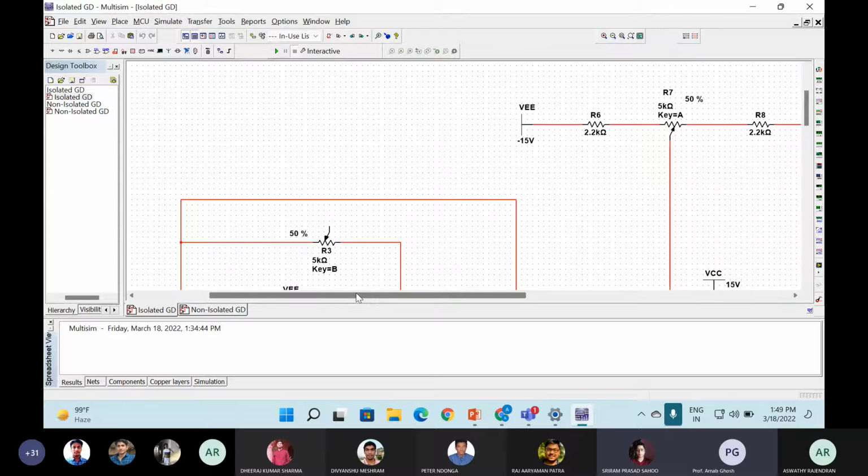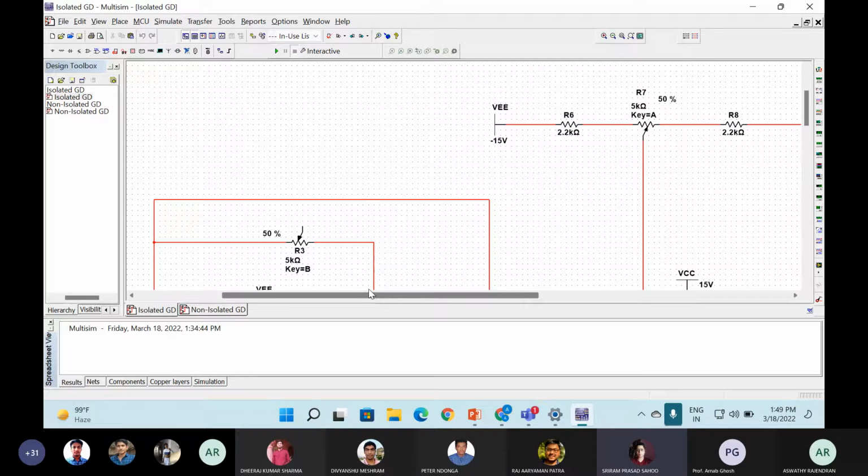This is isolated one or non-isolated? Yes, sir. Sir, isolated. Acha, what is the purpose for using that isolated gate driver circuit? Sir, your voice is echoing, sir.